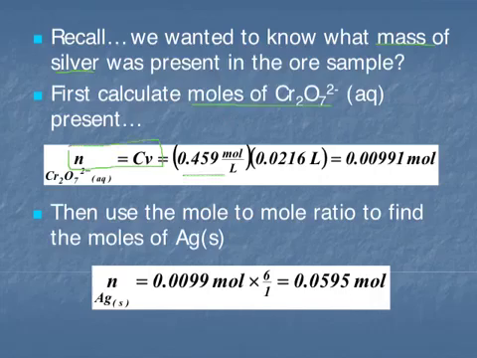Our concentration was 0.459, and we used 21.6 milliliters. So the total moles of dichromate present is 0.00991 moles. Then we use the mole ratio. In this case, our mole ratio was 6 to 1, so we have 0.0595 moles of silver present in our sample.